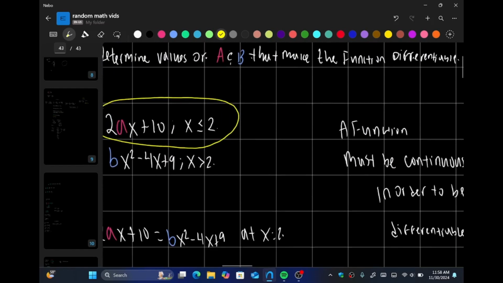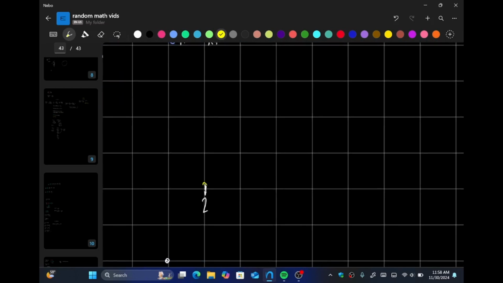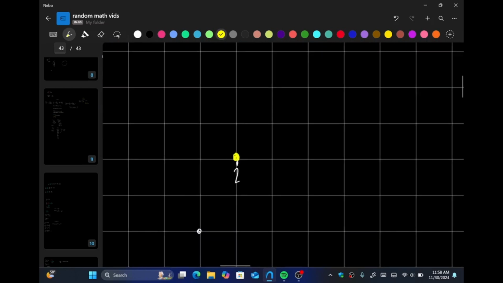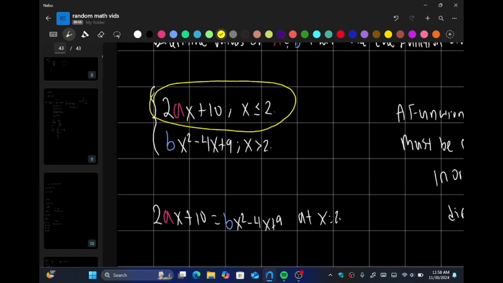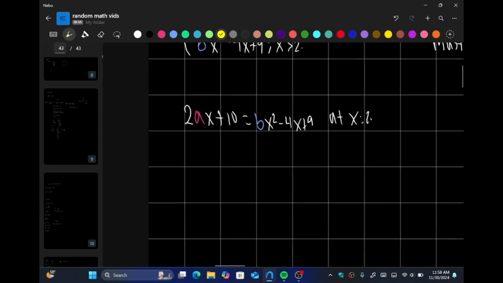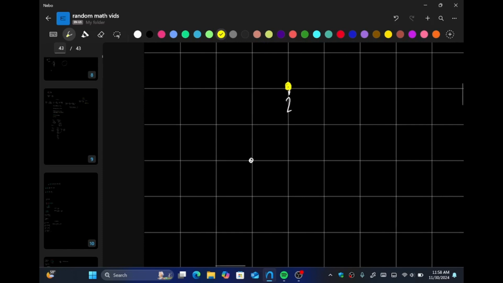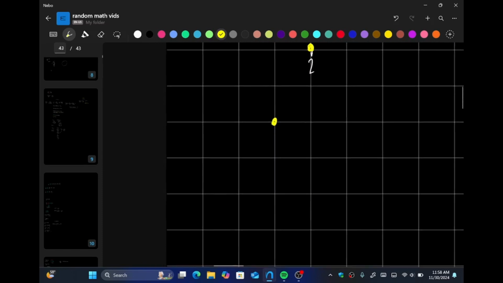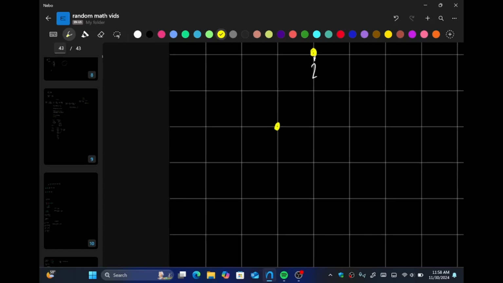And I know that in this case it's right here at x equals 2. So it's 2ax plus 10 basically. So we know that this function is a linear function going through x equals 2. So really it kind of looks something like that, right?